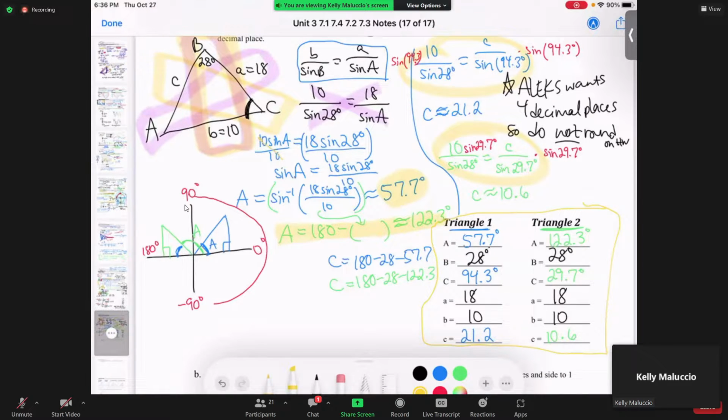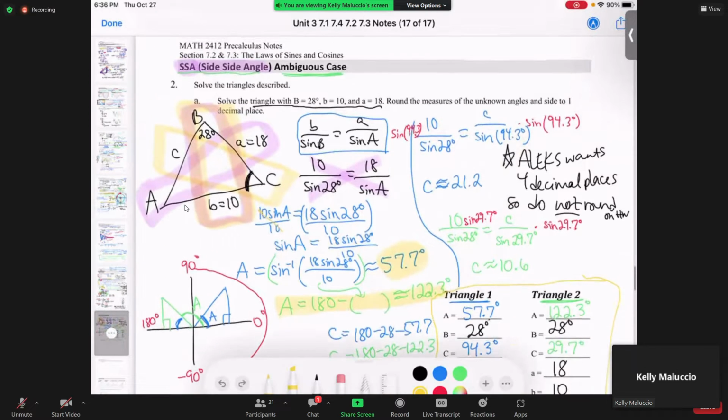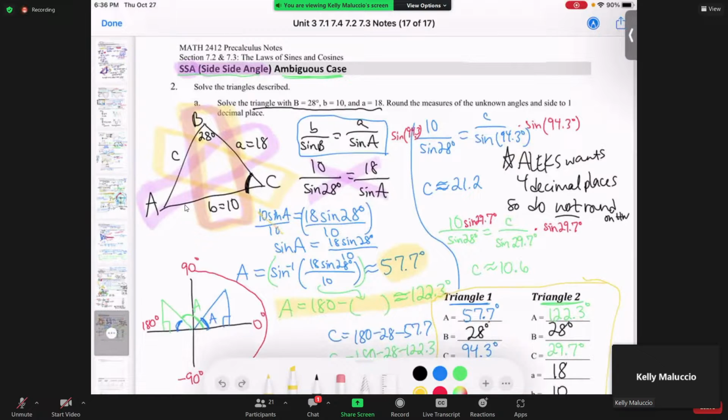Is this only when, this is not, so yes, for now, Colby, yes, this is only when you're going to use sine or arc sine, right? But if you want to know, like, when do I do this in general, this will always happen when you have side angle.